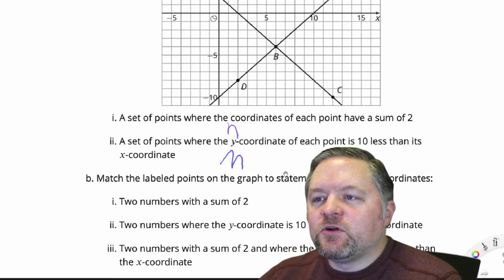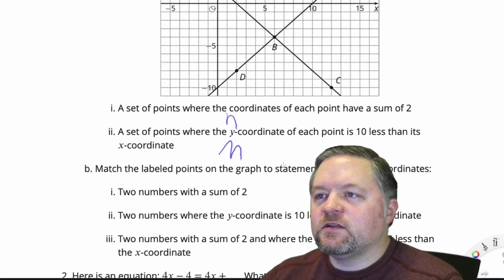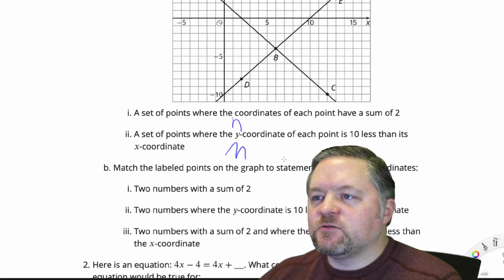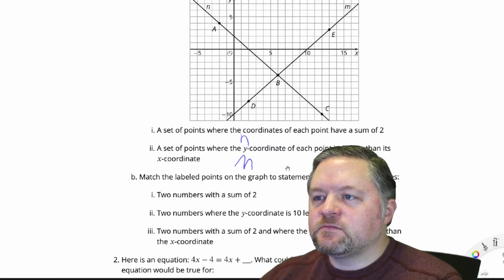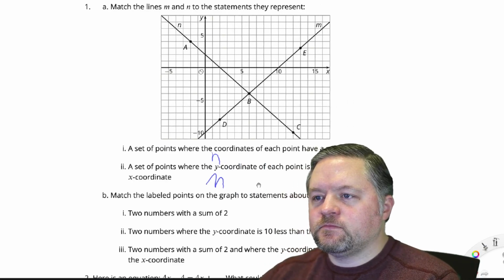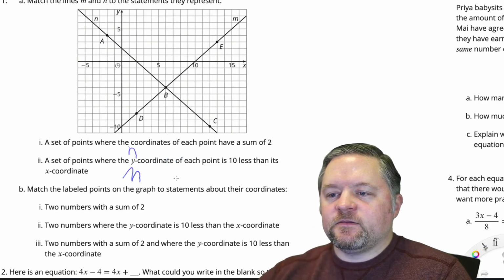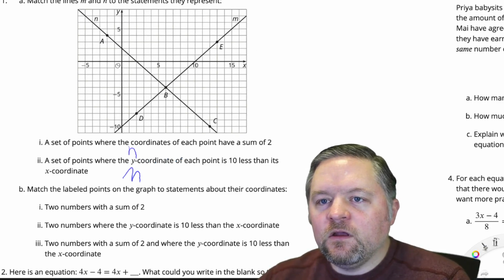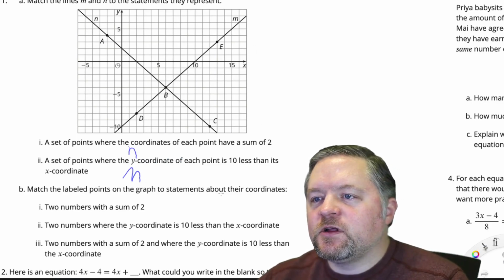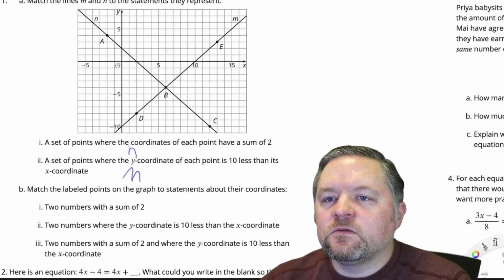Match the labeled points on the graph with the statements about their coordinates. Let me zoom out a little bit so we can see this better. Okay, match the labeled point on the graph with the statement. Two numbers with a sum of 2.